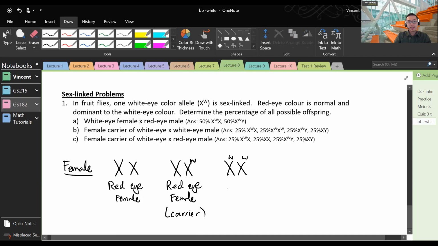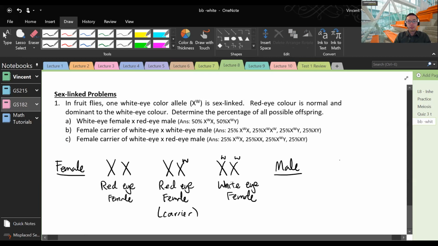And then if it's like this, then that would be a white eye female. For male, it's going to be XY. So this is a red eye male.